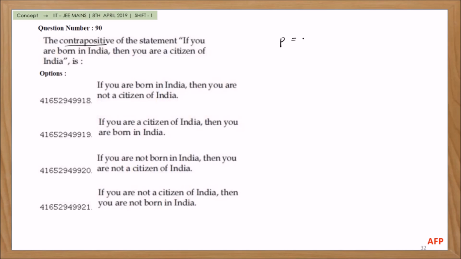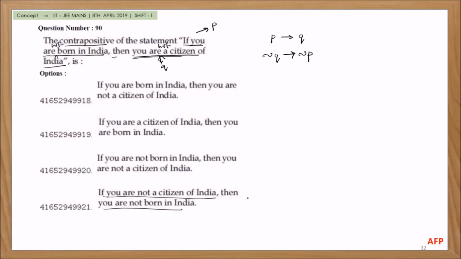The if part you can take as P, and the then part you can take as Q. So it is P implies Q. Contrapositive is negation of Q implies negation of P. So if you are not a citizen of India, then you are not born in India. Option 4 it follows.